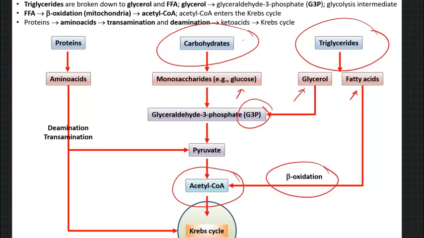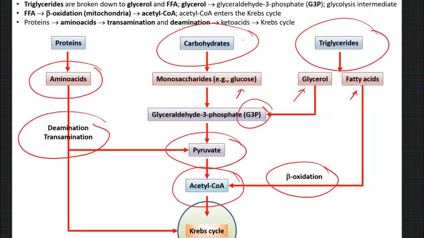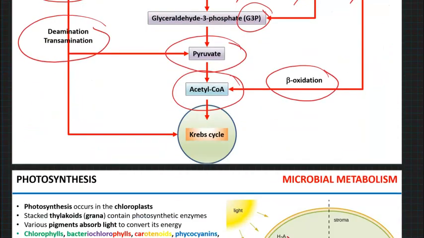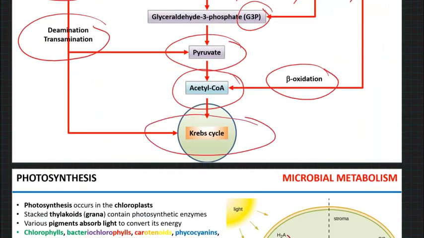All clear? What if you only have proteins available? Proteins will be broken down to amino acids. Amino acids go through two processes. You just need to know the names. It's deamination and transamination of amino acids. These processes can either yield pyruvate or can produce the intermediates of the Krebs cycle.